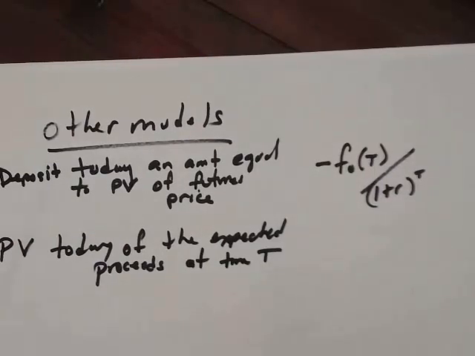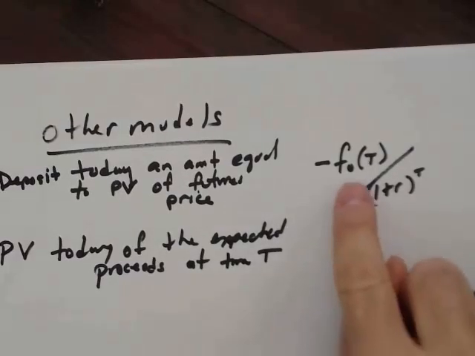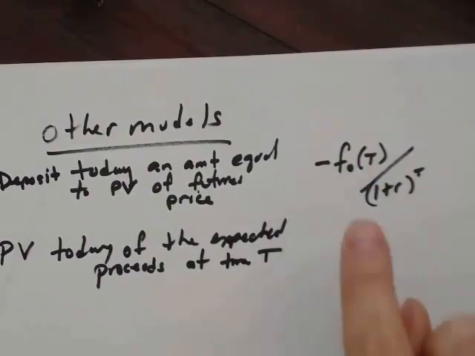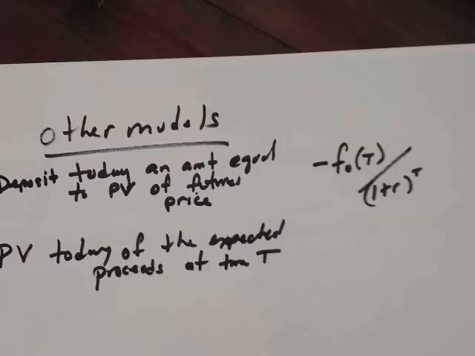When the contract expires, you're going to have to pay the futures price, but you're going to get in return the value of the commodity, the underlying. You go get that value, and we're going to assume that you sell it. That's probably conceptually the best way.